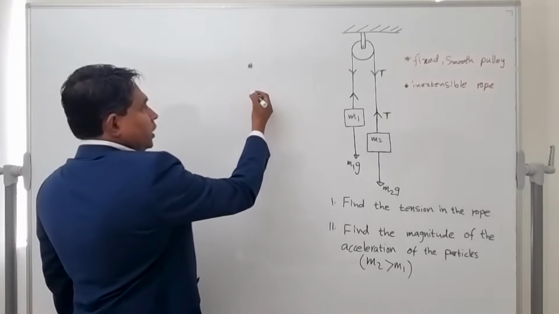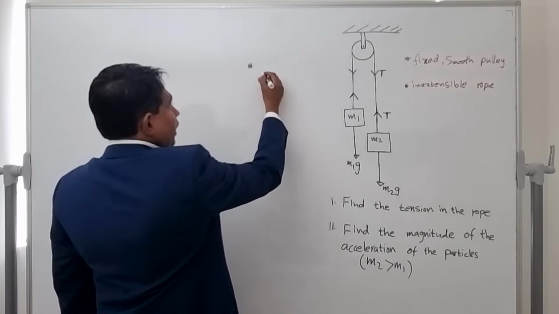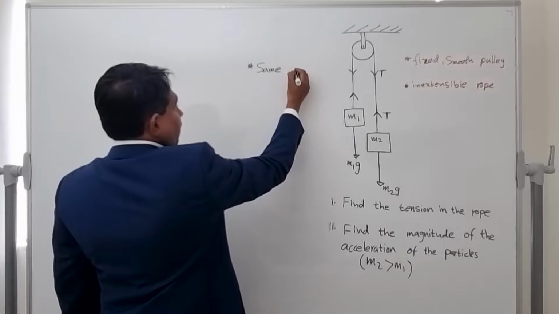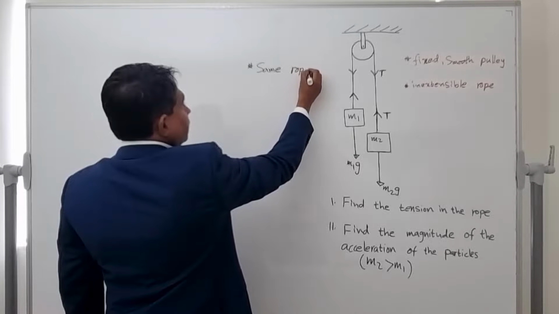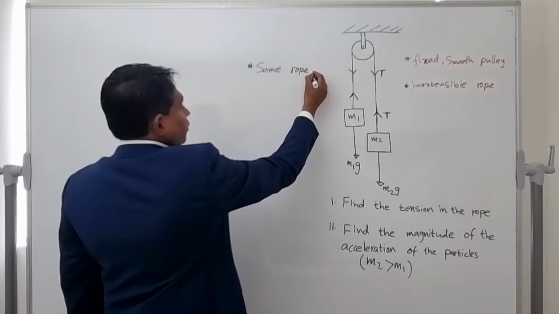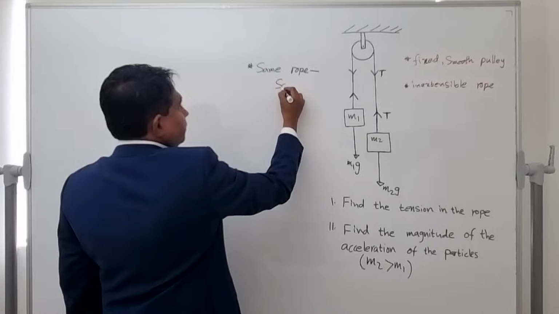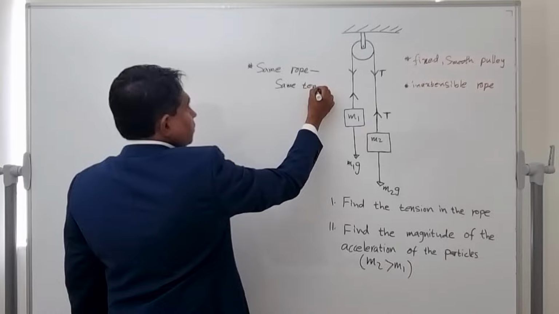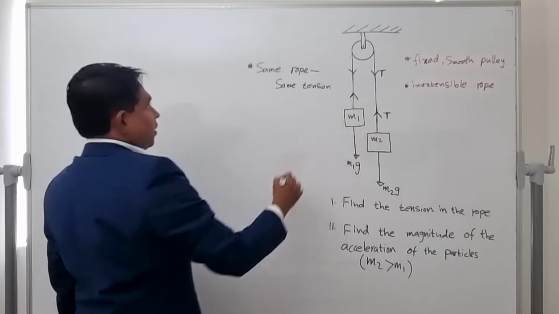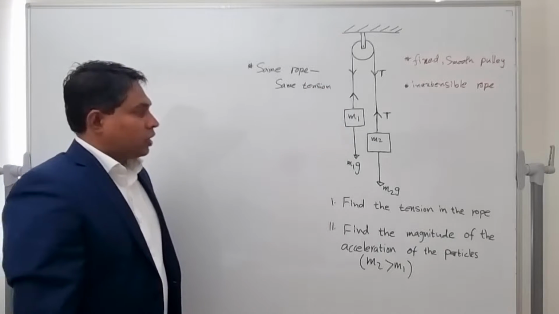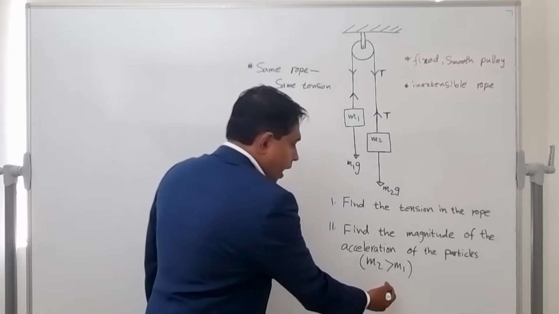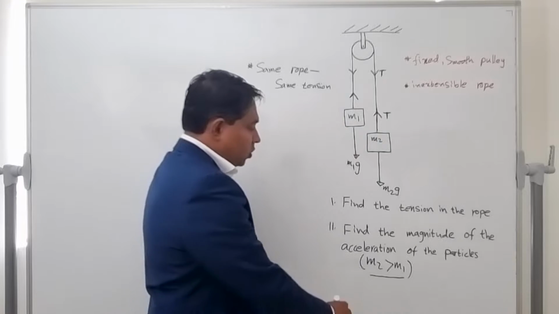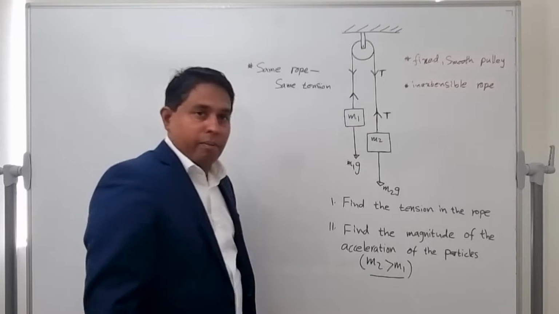So we need to know that, if there is the same string or rope, it has the same tension. That's important to know. So now we have this information about the masses, so m2 is greater than m1.